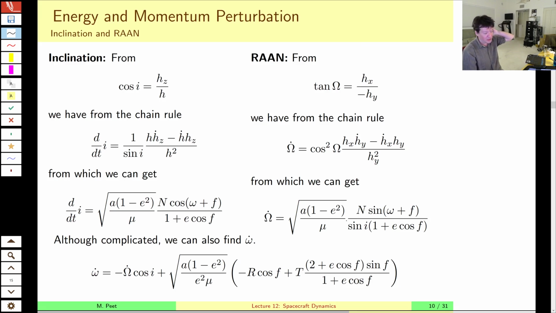Now we're getting to the really harder bits of this generalized analysis. So now we're getting to the terms which define the orbital plane. So I'll draw an orbital plane here. Here's our planet, here's our orbital plane.